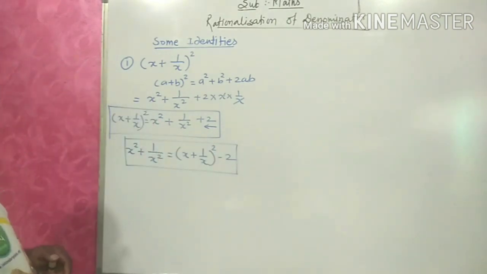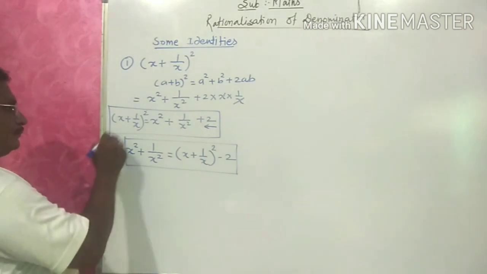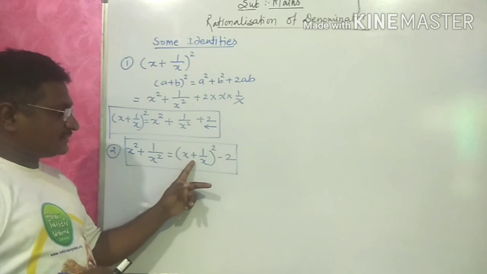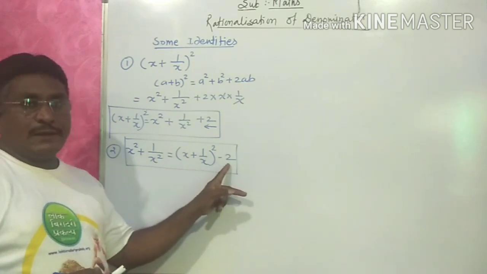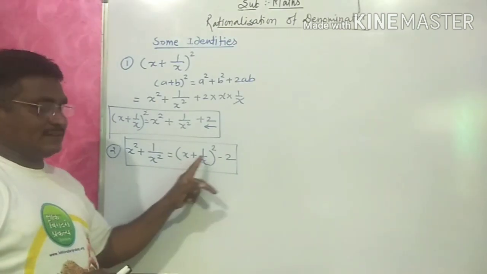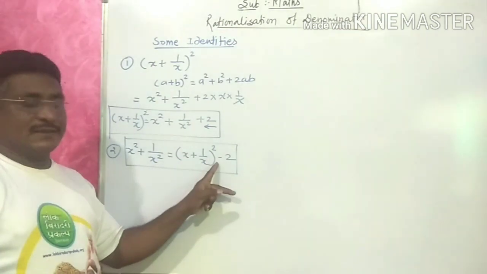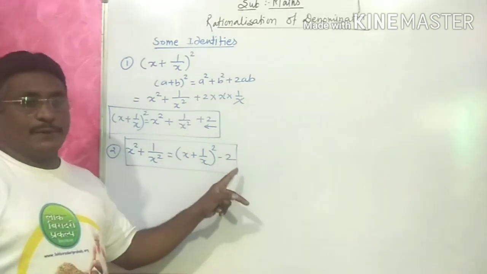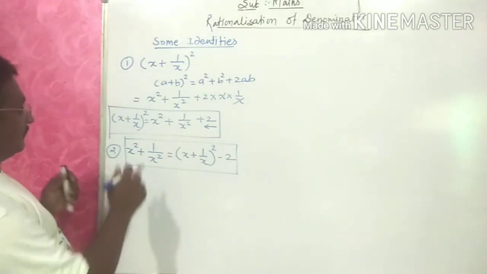This is the second identity. From this identity we transform. In the bracket a plus sign is there, so outside a minus sign will come. If inside a minus sign is there, outside a plus sign will come. How it will come, that we will see.